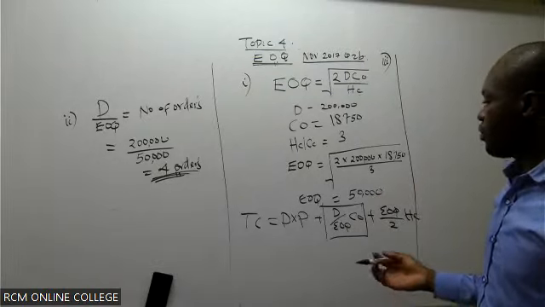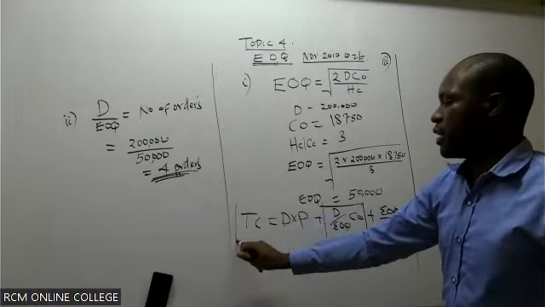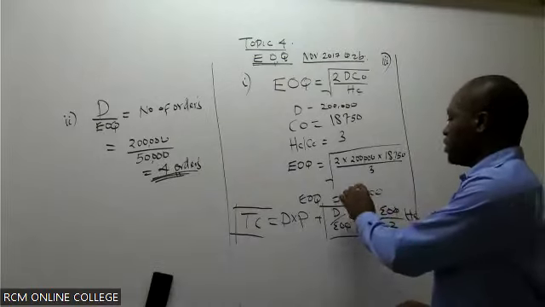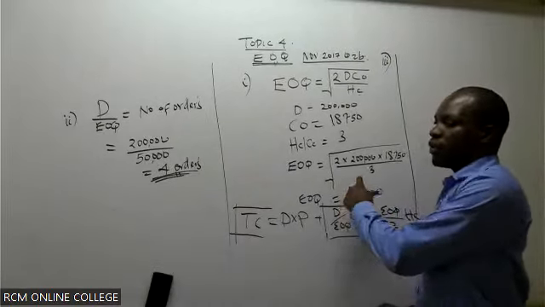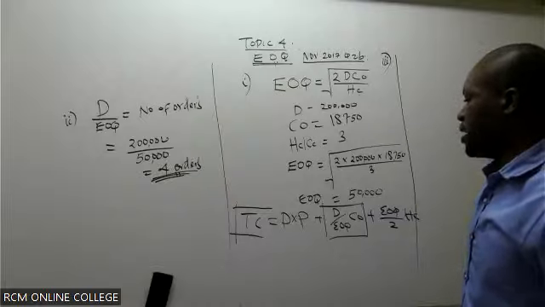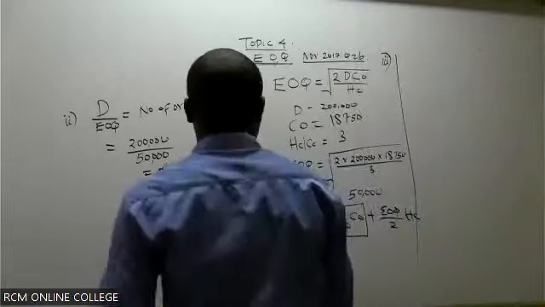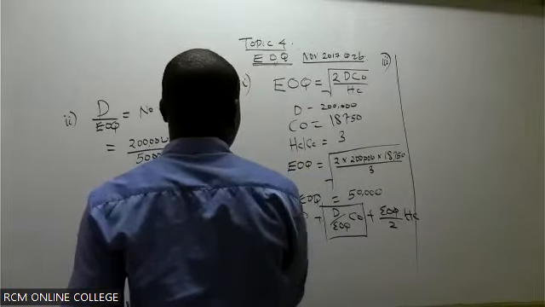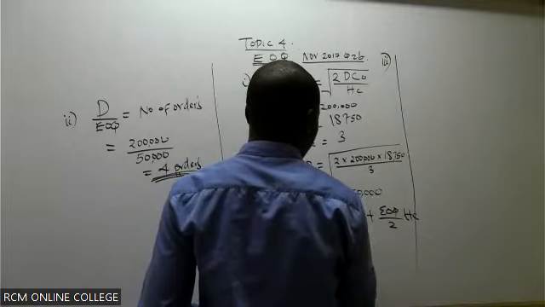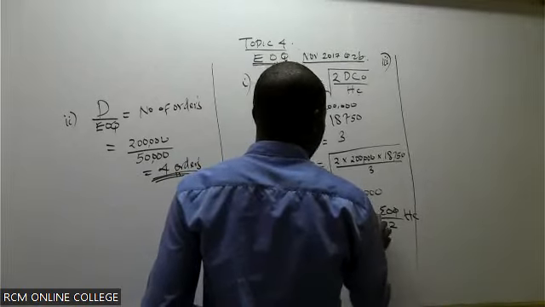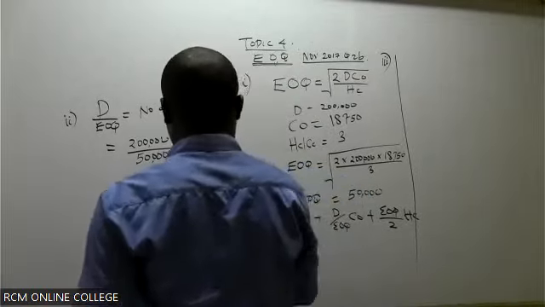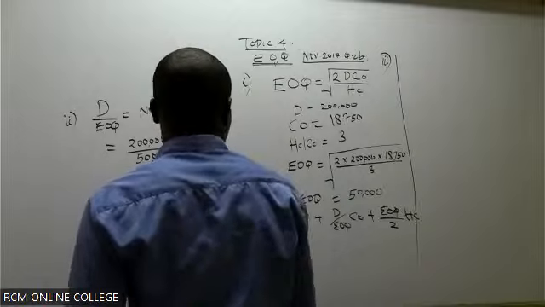Basically, they're asking us the total cost of each option: the 50,000 units, that's the economic order quantity, and also changing to the 100,000 units. If that is done, will we be able to identify the effect? That is what they want us to do here. So we basically come to this part here and tell us what you're going to have when you use this.